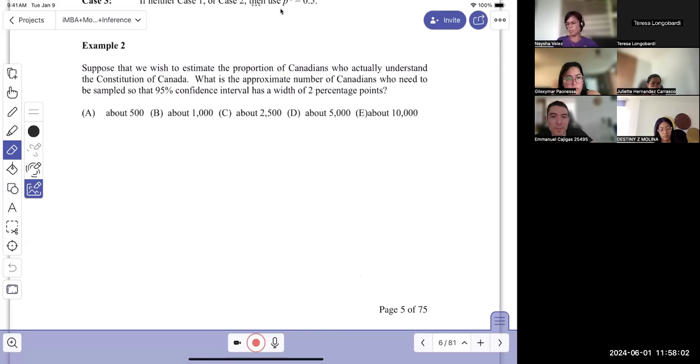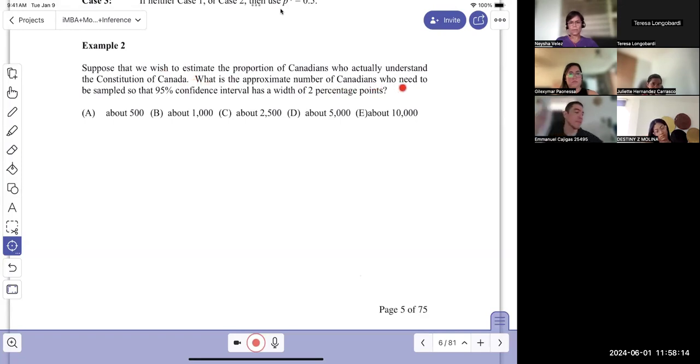All right, so here's the problem. Suppose that we wish to estimate the proportion of Canadians who actually understand the Constitution of Canada. What is the approximate number of Canadians who need to be sampled so that a 95% confidence interval has a width of 2 percentage points?